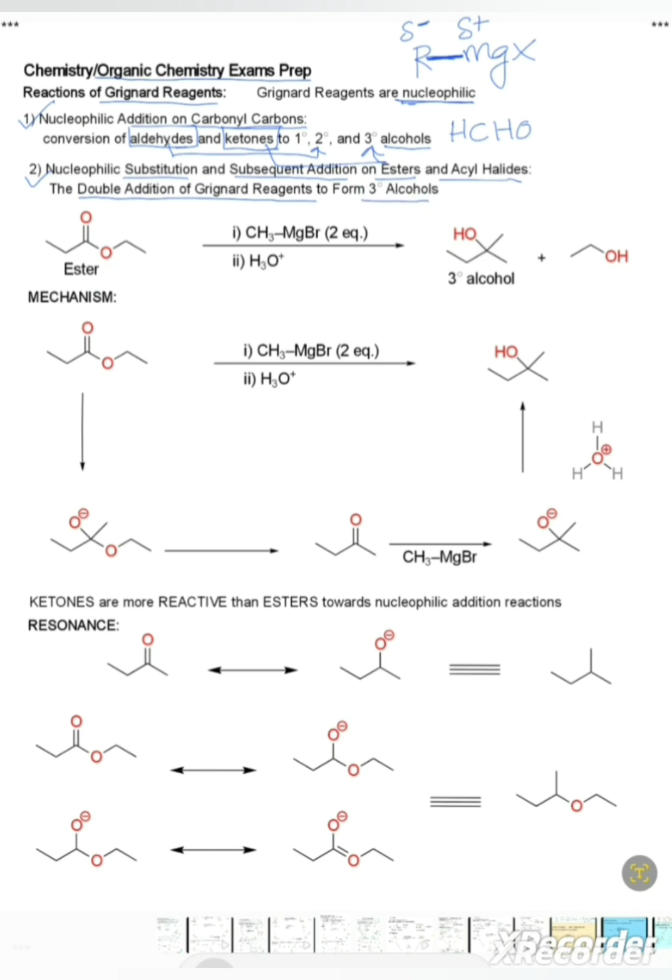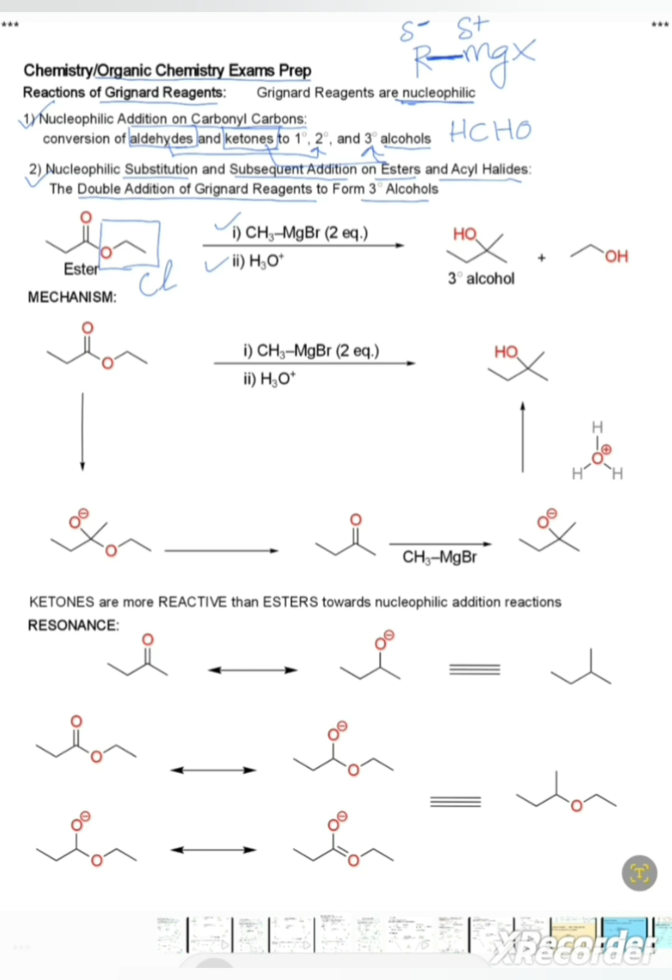So here we have seen the structure of an ester, but if this ethoxy group is Cl, then this would become an acid halide, acid chloride to be precise. And again, just like before, there are two steps to this reaction as well. First step is the addition of, here it's methyl magnesium bromide, and second step is the acidic workup.